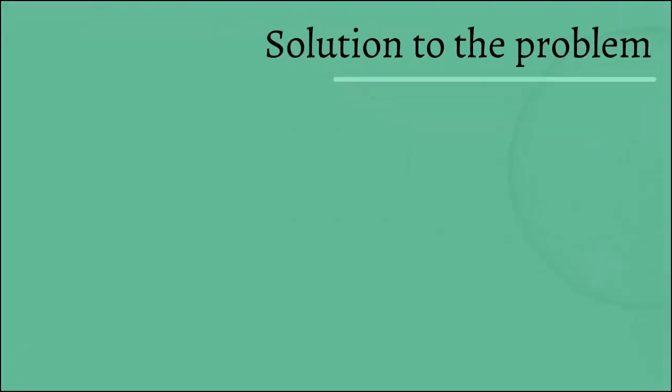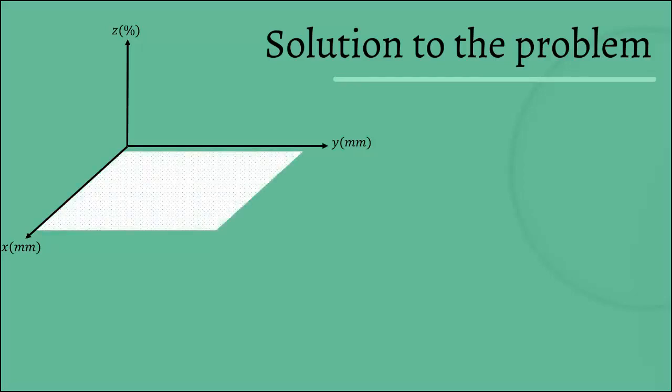Solution to the problem. To give this issue a solution, let's have in mind a coordinated three-dimensional system with axes x, y, and z. The axes x and y form a plane. On that plane, we have each and every one of our radiation detectors.